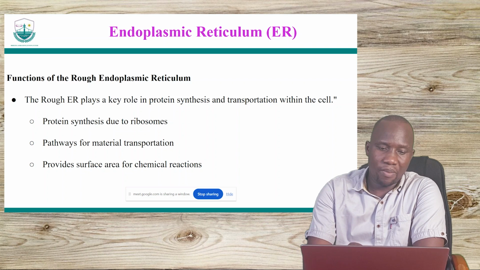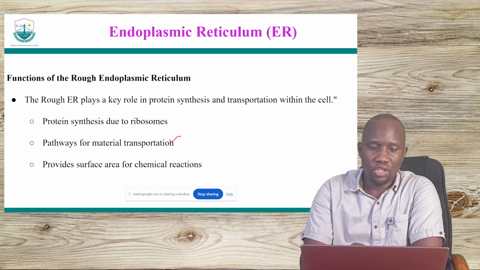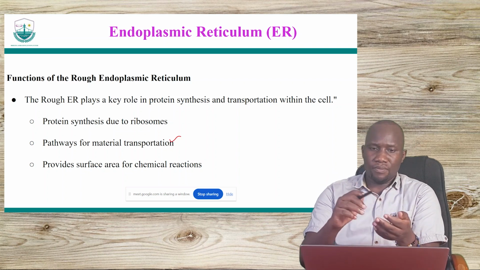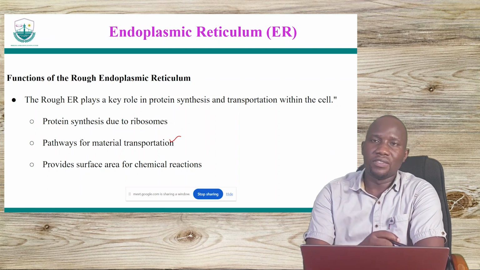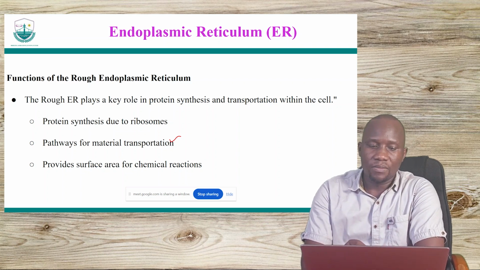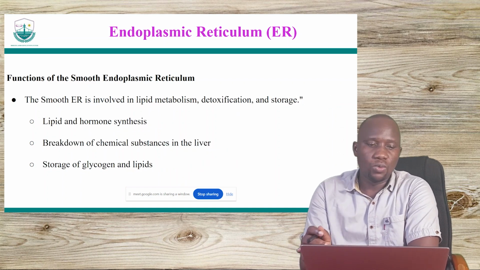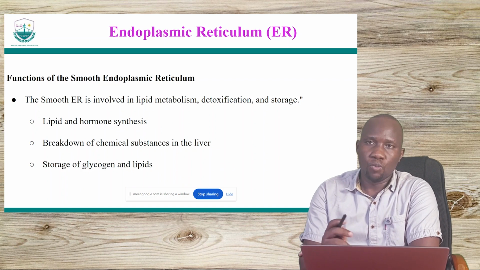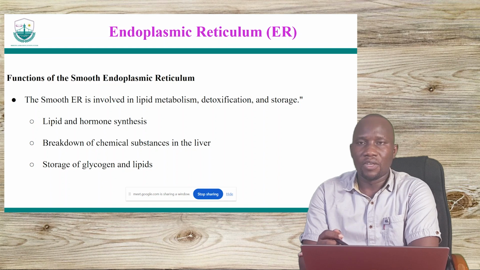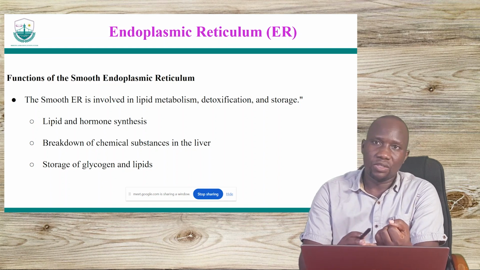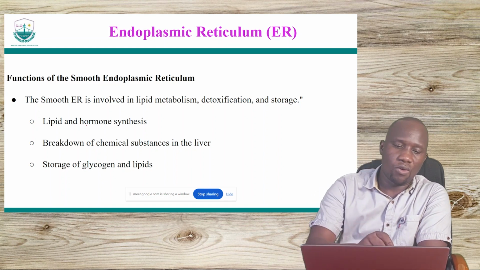But also, they can act as the pathway for material transportation, and the fact that you have these ribosomes there increases the surface area for chemical reactions. And then we come to the smooth, no ribosomes, also responsible for synthesis of lipids and hormones.